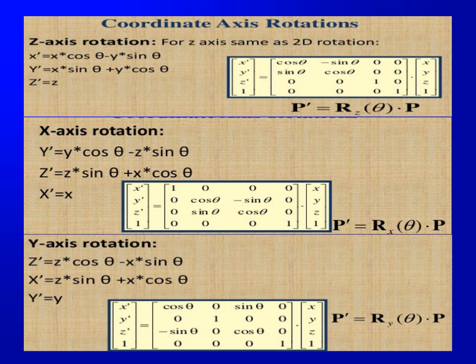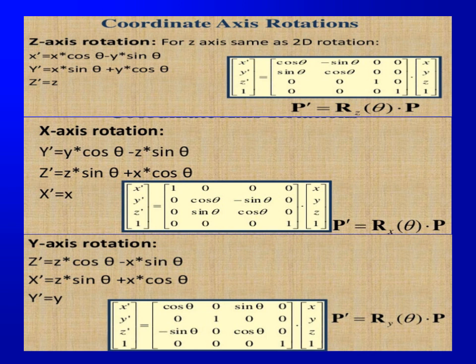Now we see the x-axis rotation, fine. In this x-axis rotation, the x dash value is x only, okay, and the values of y dash and z dash involve cos theta and sin theta, right? So see the matrices: the new coordinates are x dash, y dash, z dash and a 1, and the rotation matrix for the x-axis is 1 0 0 0.